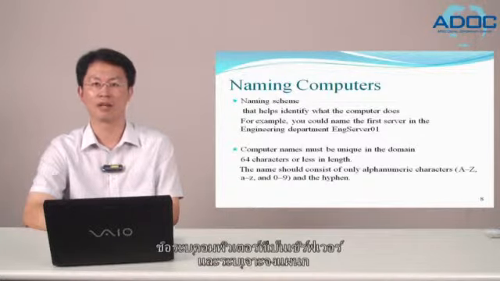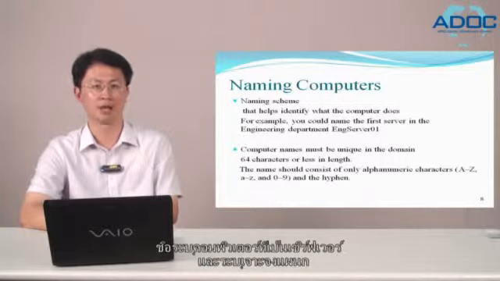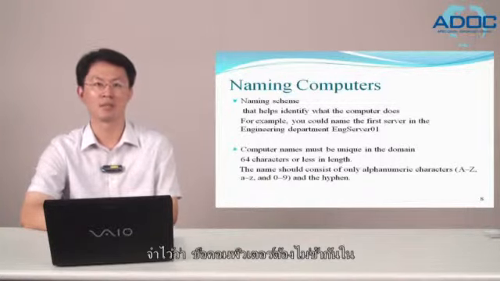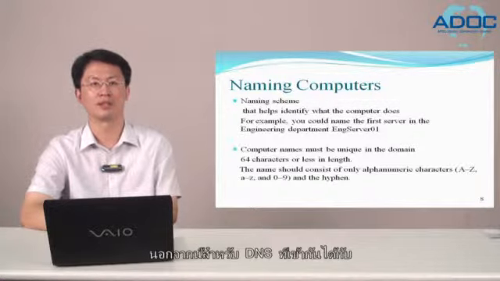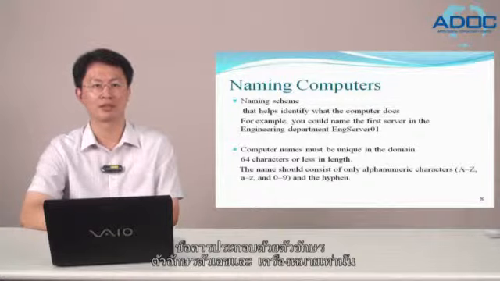The name identifies the computer as a server and specifies the department. Keep in mind that computer names must be unique in the domain and must be 64 characters or less in length. Further, for DNS compatibility, the name should consist of only alphabets, numbers, and a hyphen.